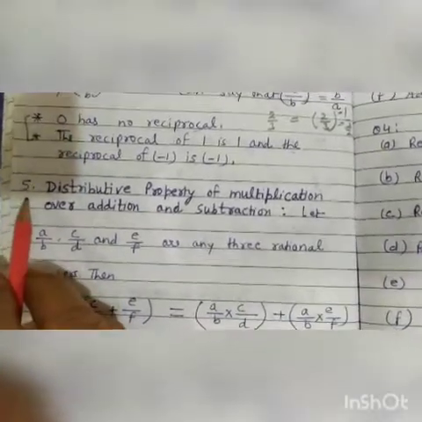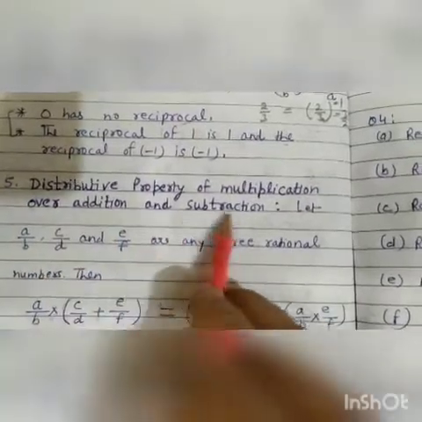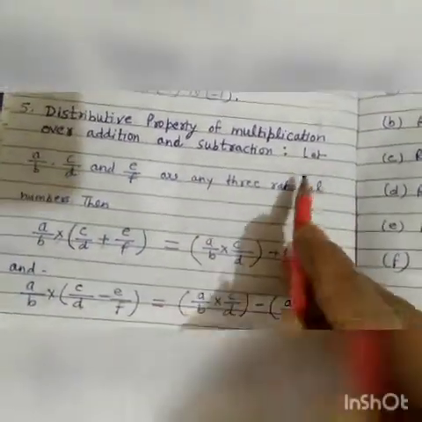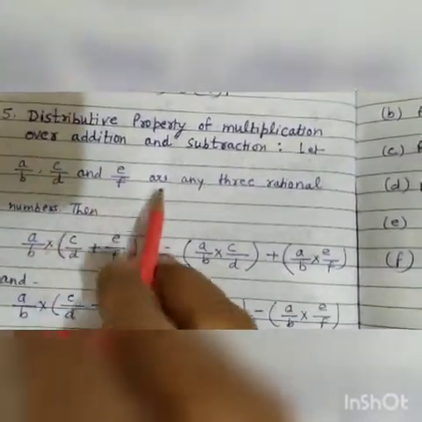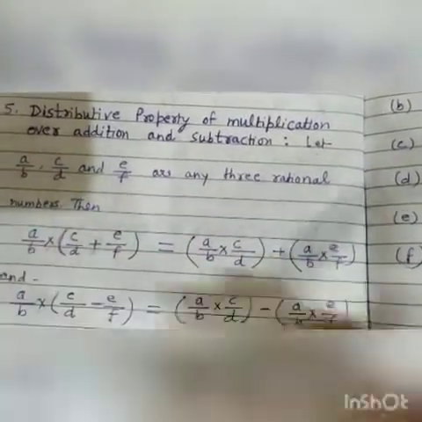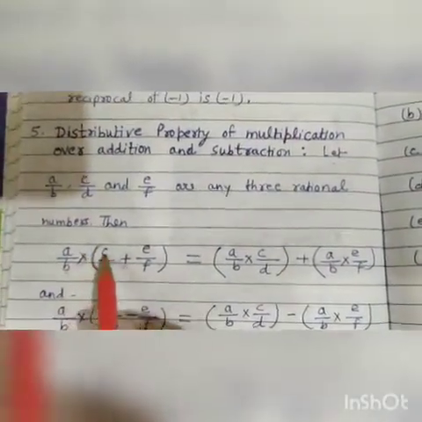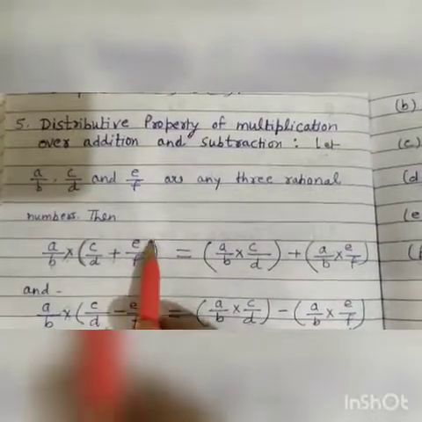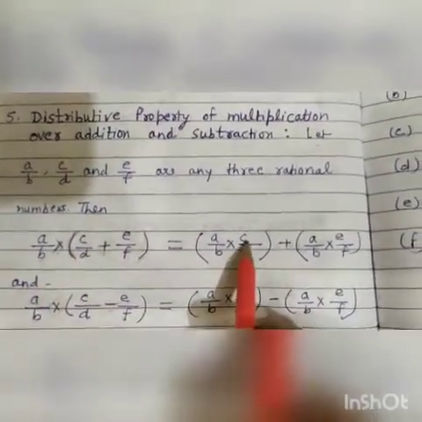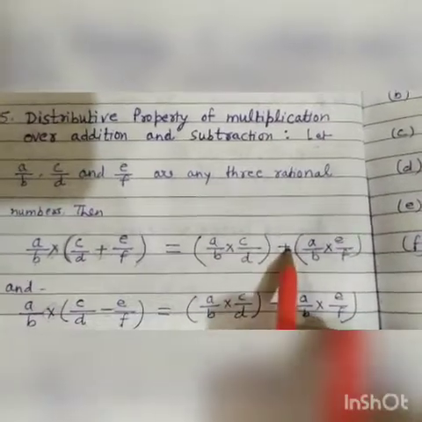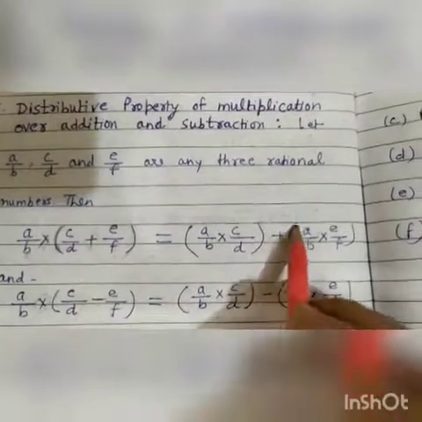Next property is the distributive property of multiplication over addition and subtraction. Let a upon b, c upon d and e upon f be any 3 rational numbers. Then a upon b multiplied by c upon d plus e upon f equals a upon b multiplied by c upon d, plus a upon b multiplied by e upon f.